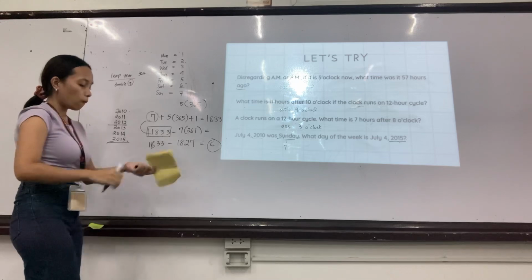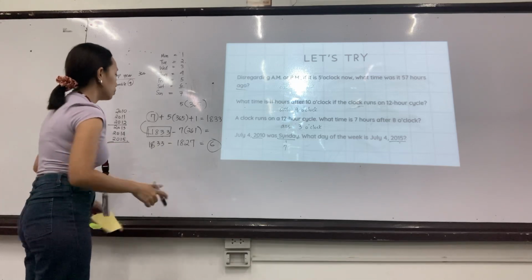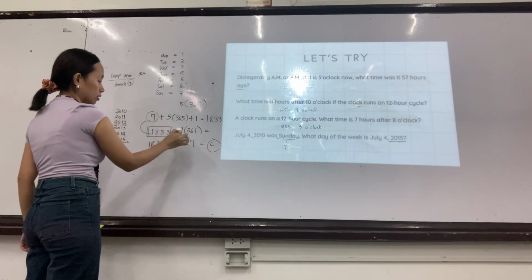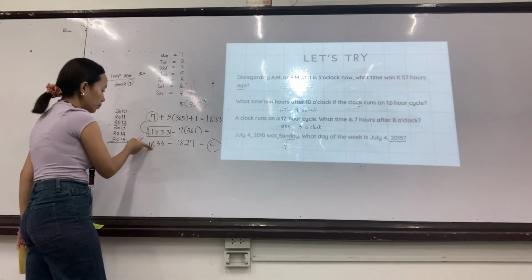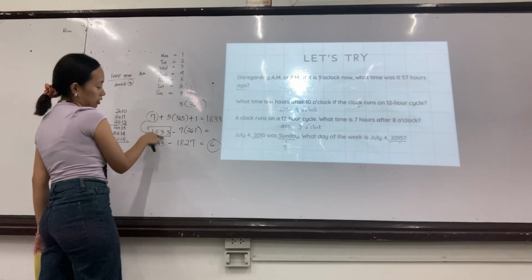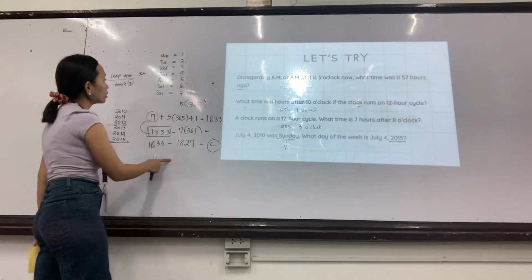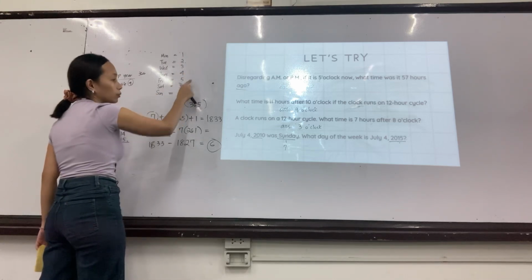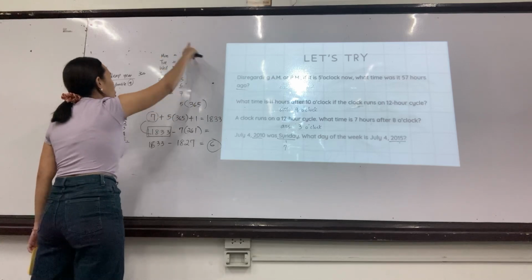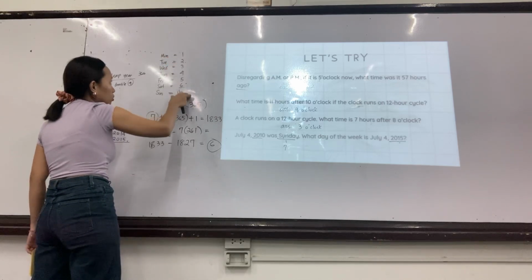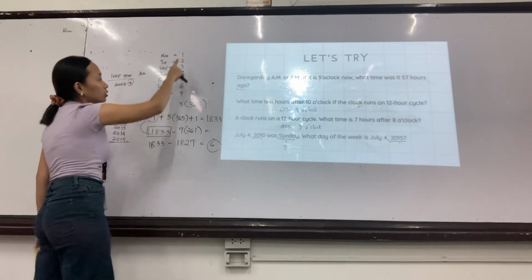So again, why did we get the multiples of 7 to subtract here? It's because this number, 1,833, is too big for us to determine what day of the week it is. So in order to find the small values, because we are only using 1 to 7, right?